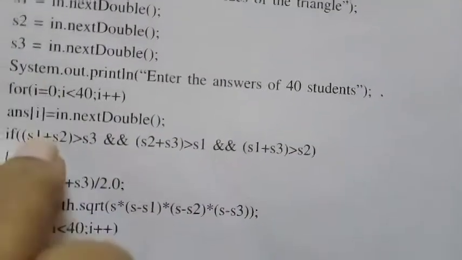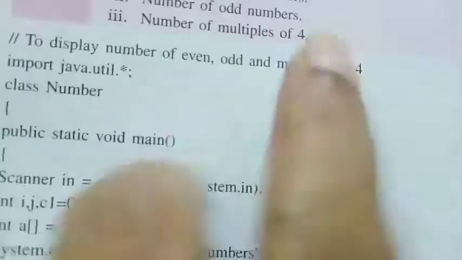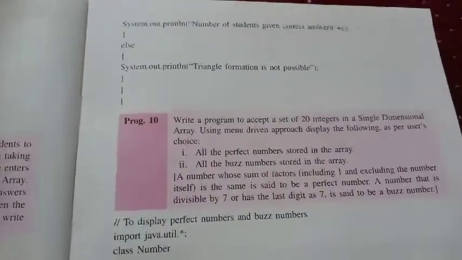See here, first we are checking this: if any one side is less than the sum of the other two sides, that is, the addition of two sides is less than the other side, you cannot enter into this area calculation. If you cannot calculate the area, you cannot compare the areas also. So, triangle formation is not possible will be displayed if the sides of the triangle are not correct.